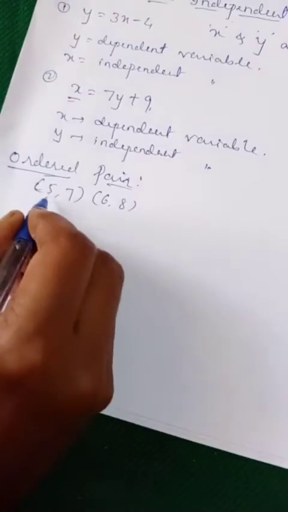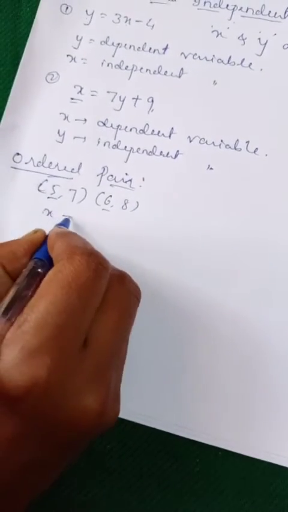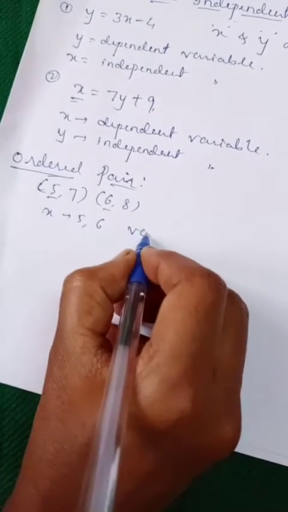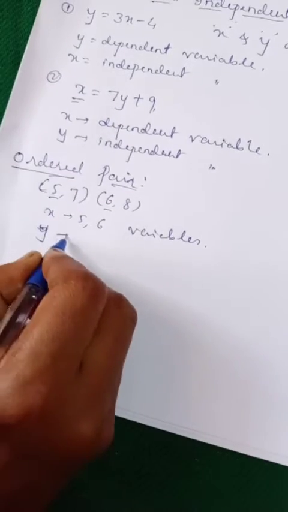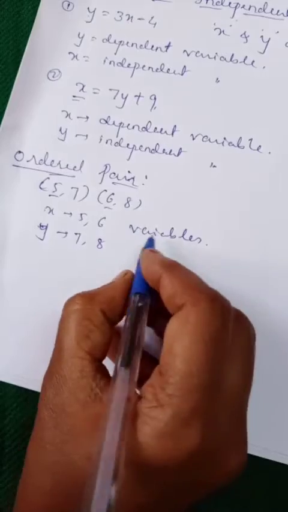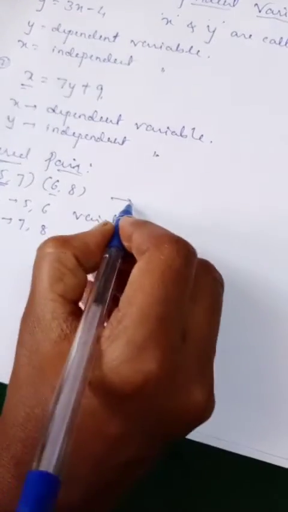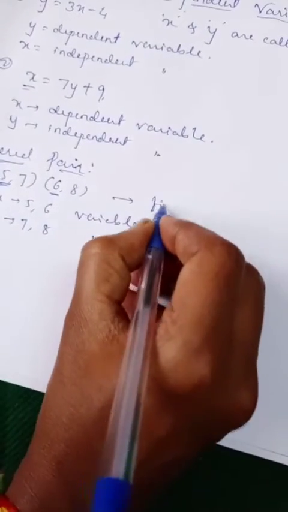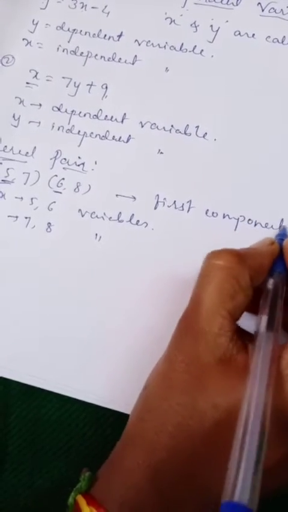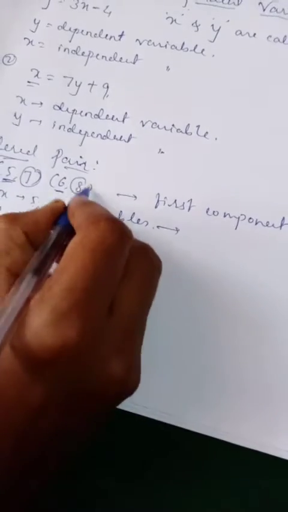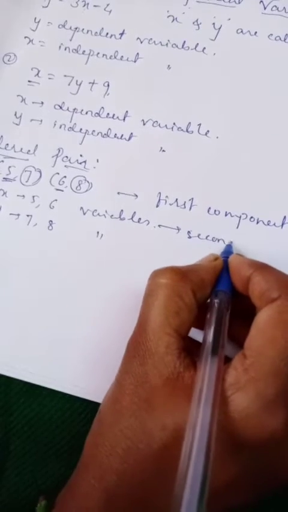So here 5 and 6 are x variables, and 7 and 8 are y variables. Where in (5, 7), 5 and 6 are the first component, and 7 and 8 are the second component.